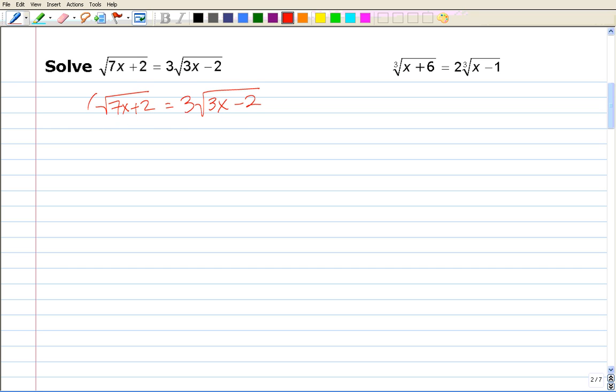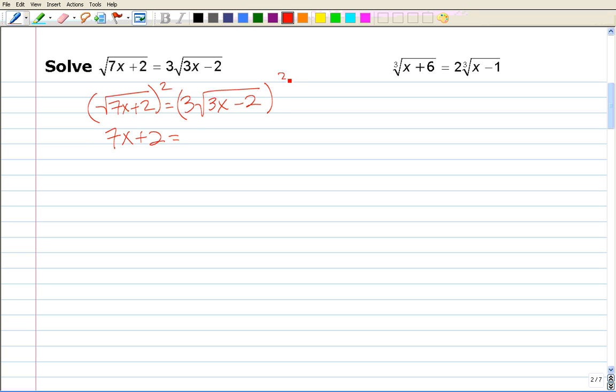But I can take both sides and square the entire side on each side. So the square root of 7x plus 2 squared is just 7x plus 2, equals 3 times the square root of 3x minus 2.